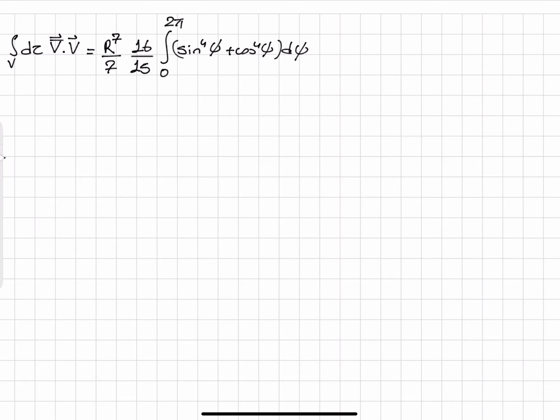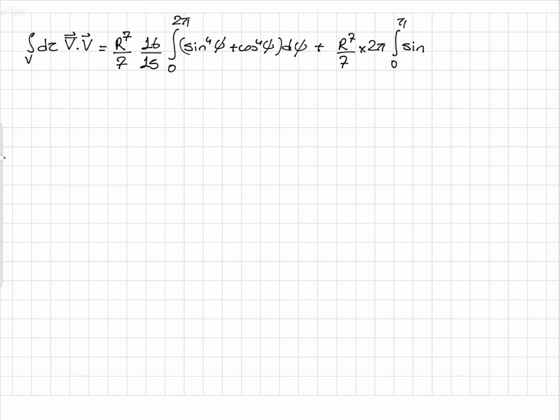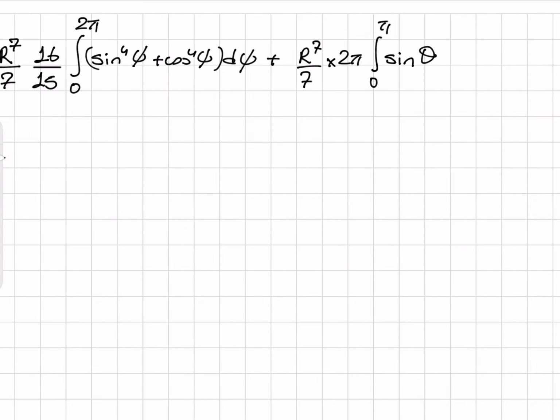And for the other part, I have R to 7 over 7. The phi integral gives me 2 pi. I have the theta integral remaining 0 to pi sine to 5 theta. So it was sine theta cosine to 4 theta. So this is sine theta cosine to 4 theta d theta.